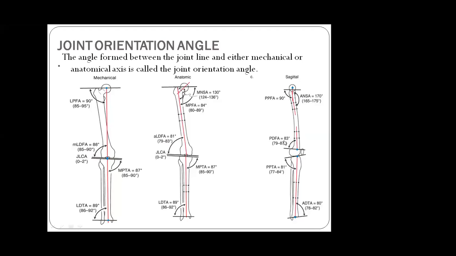The next would be posterior distal femoral angle. We have to remember it as 83 degrees. Similarly, posterior proximal tibial angle, we have to remember 81 degrees. And anterior distal tibial angle, we have to remember 80 degrees. It is a bit of a lot of values we have to memorize, but these are the normal values assigned for the joint orientation angles, as per the anatomical and mechanical axes, both in the frontal and the sagittal plane. Next.